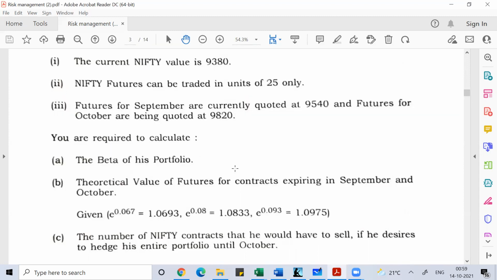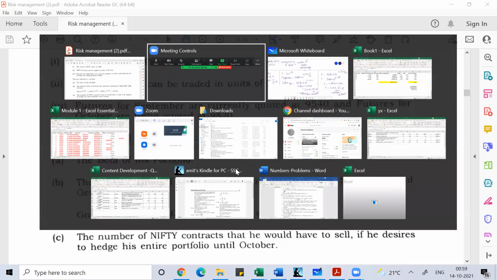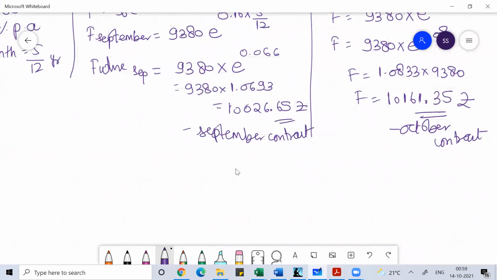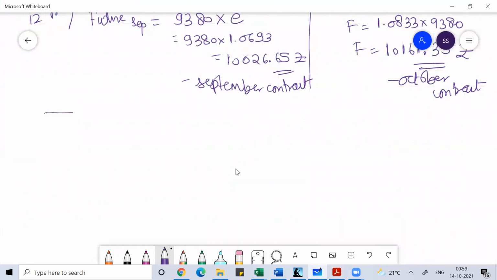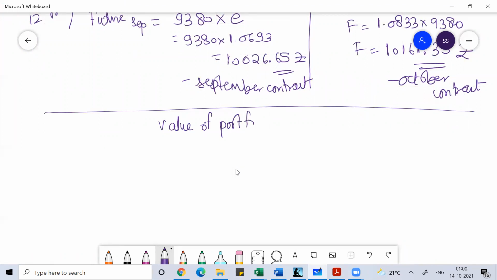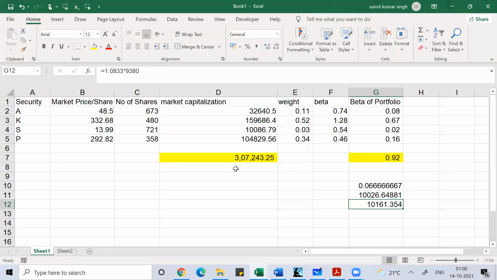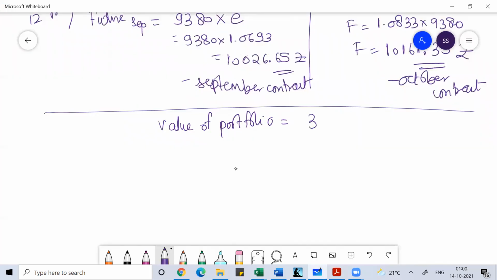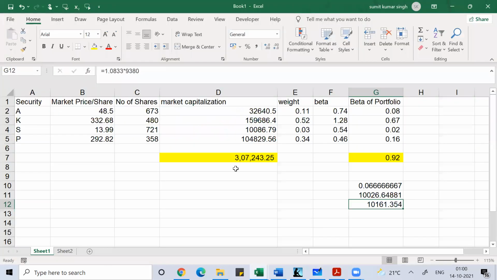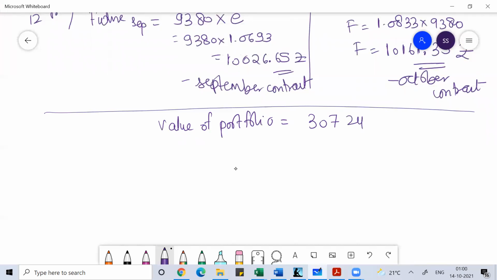Correct, right? The value of the portfolio, you already know. The value of the portfolio is 307,243.25 rupees.